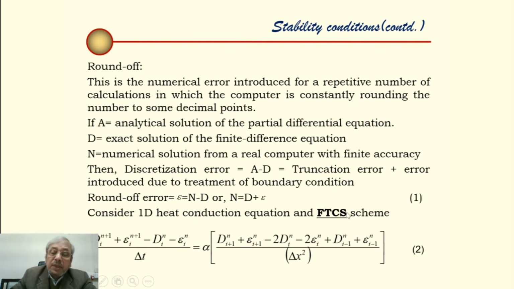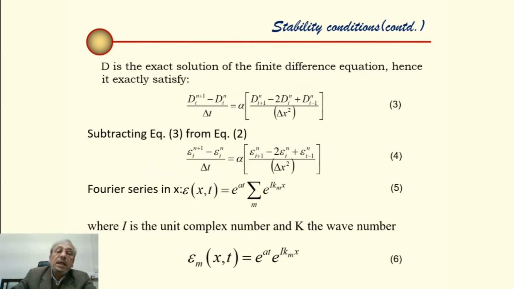So instead of the exact solution D, we are getting N, and we are substituting everywhere the variable by D plus epsilon, divided by delta x square. And the exact equation is valid for D. D is the exact solution.